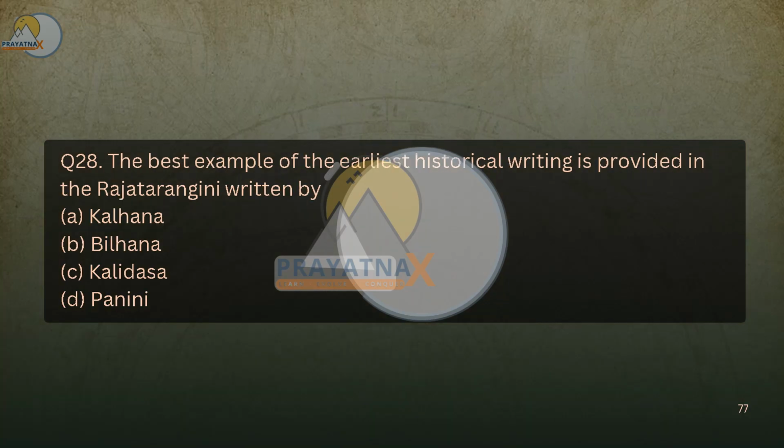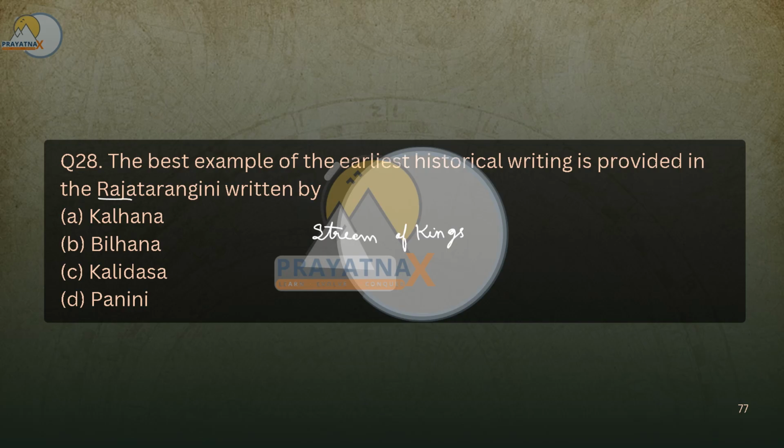The best example of the earliest historical writing is provided in the Raja Tarangini, which was written by. Now, this is one of the best and the earliest examples of any historical writing. Now, the term itself, Raja Tarangini, means stream of kings. As the term Raja itself suggests kings, and Tarangini means a stream.